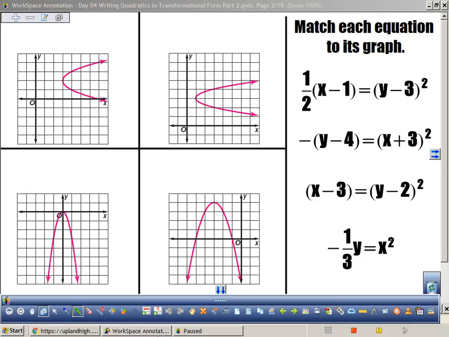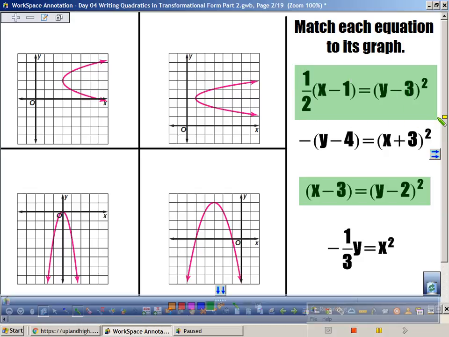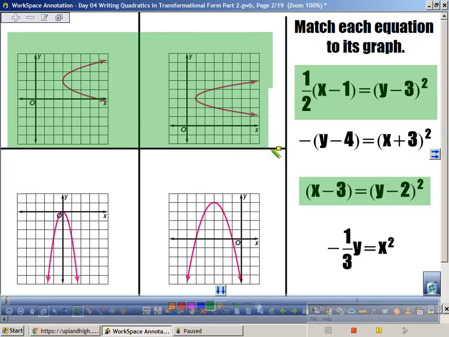The ones with the Y on the right side. So this one and this one, what about those? They're the ones that are going side to side instead of up and down, right, Philip?